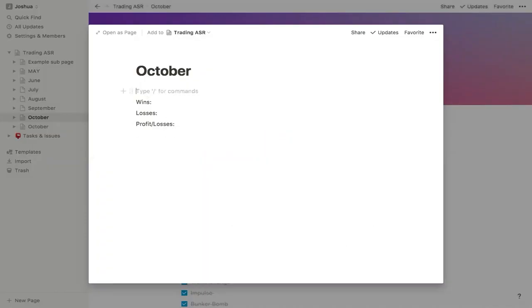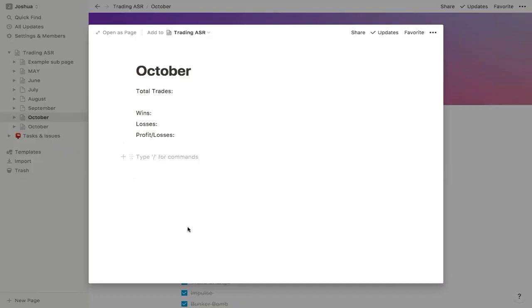Also, one more I forgot at the top will be total trades. That will be the total number of trades you take. Then you put in how many wins you had, how many losses you had, and then your profit and losses, so what your total is for the month. Okay. That will be the main section at the top, which will be changing through the month.